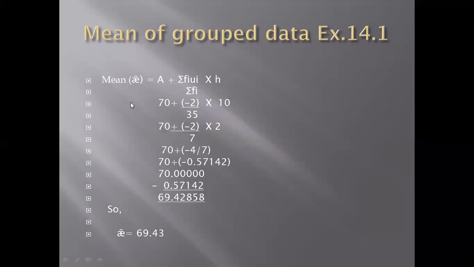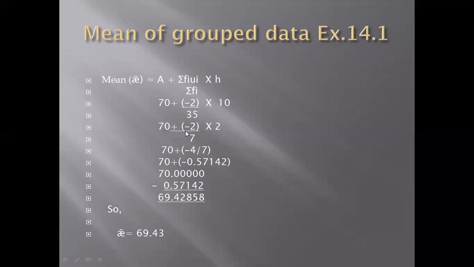Now finding the mean, x bar is equal to a plus sigma fi ui by sigma fi into h. 70 plus, and we got the total of fi ui as minus 2 by sigma fi is 35 into 10. Cancel 10 and 35, both by the 5 table: 5 twos and 5 sevens.